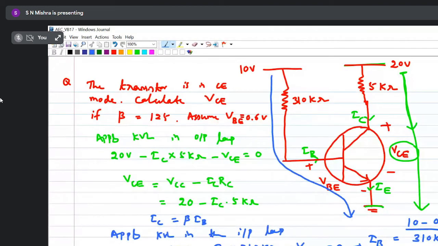9.4 divided by 310, in a system which uses EDFA. So when you compare with this, 0.03 times 10 to the power minus 3, in microampere, you tell me.